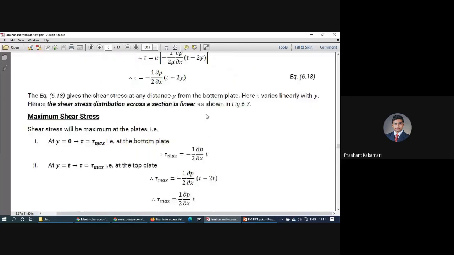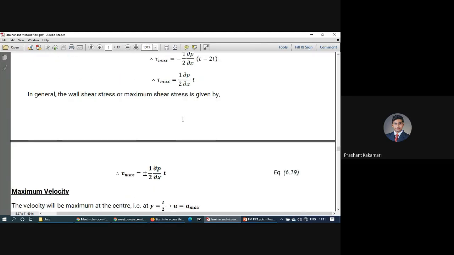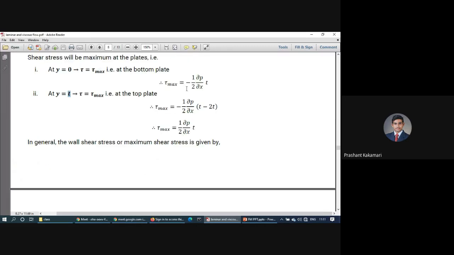So the maximum shear stress they have found as 1 by 2 dou P by dou X into T, at y equal to T. Y equal to T means the maximum point. And at the center, if you want to find it, you can use this equation, minus 1 by 2 dou P by dou X into T. Ultimately, it may be plus or minus, as both are the same.